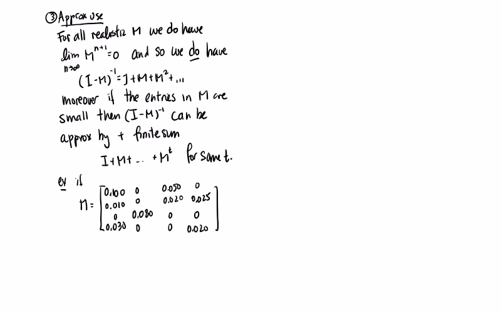So it turns out that in this case, this approximation, if we take this out, this is within 4 decimal digits of the actual I minus M inverse.